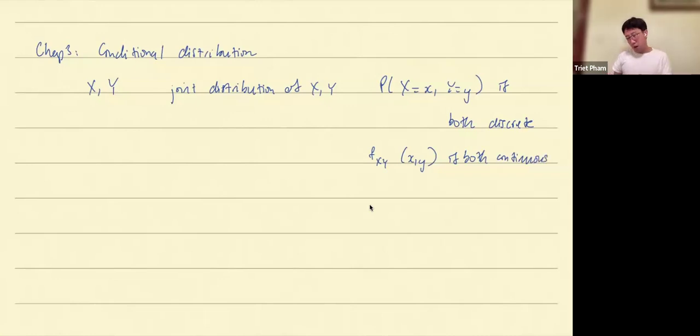And you could have, in 477, looked at something like the conditional distribution of x given y equals little y.